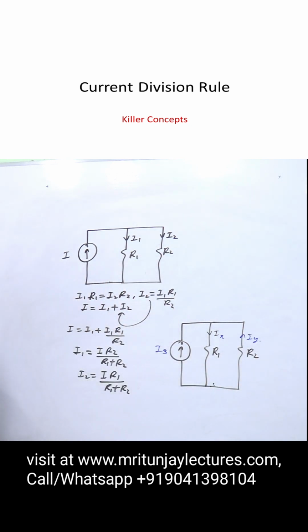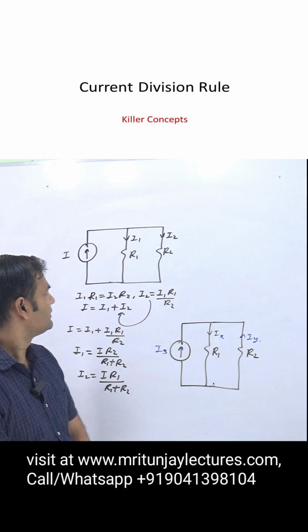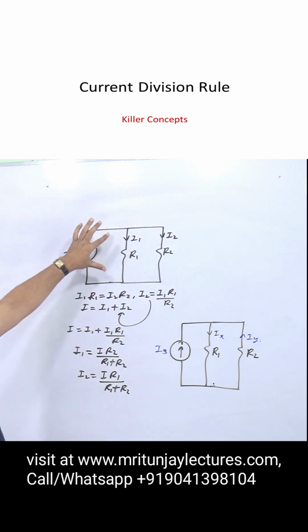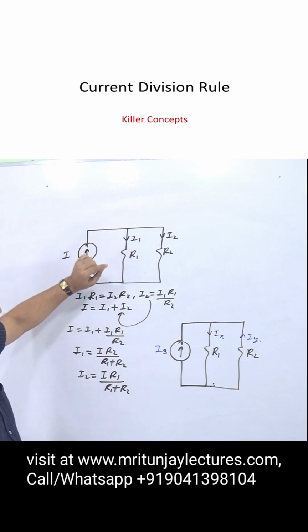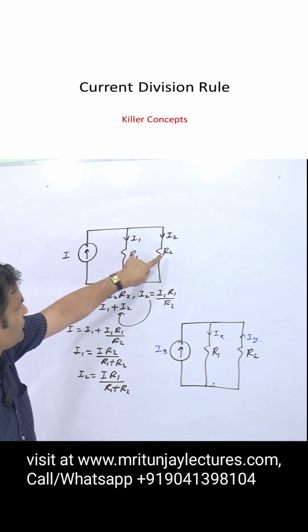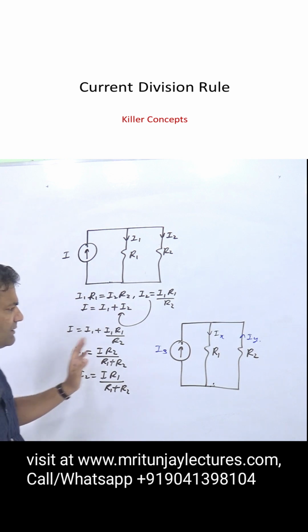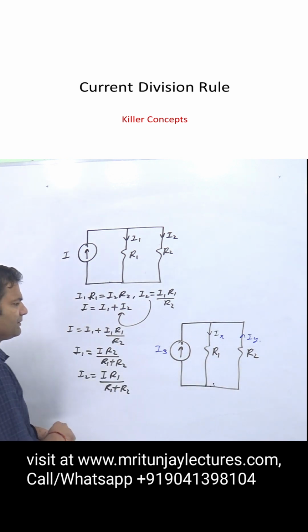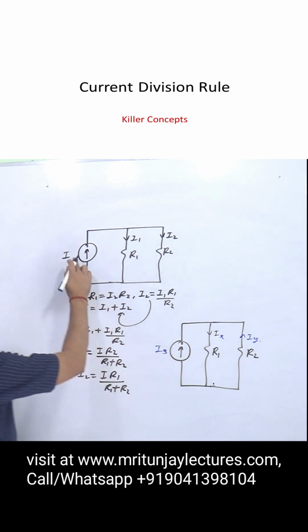Okay, clear or not? I know that if you look here, finally we got I1 is this. If both current directions are opposite, then we get I1 as positive, I into R2 divided by R1 plus R2. If you apply that formula here, okay, what about comparing this one?